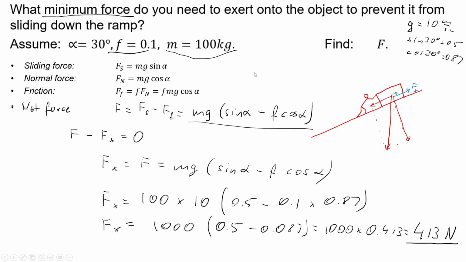This is the minimum force, because if this person would exert any stronger force, of course, this relation here would start looking differently. Fx would be stronger, and at some moment this person would push the object forward up the hill, or wouldn't.